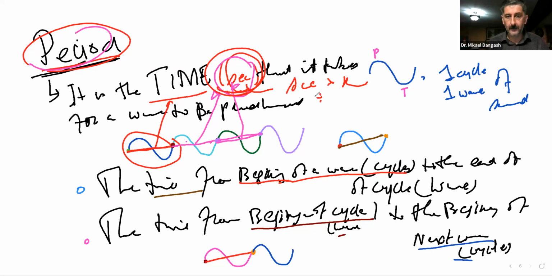You can divide seconds and have centiseconds, milliseconds, or microseconds. Clear?